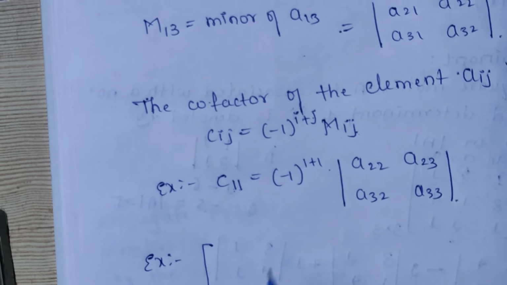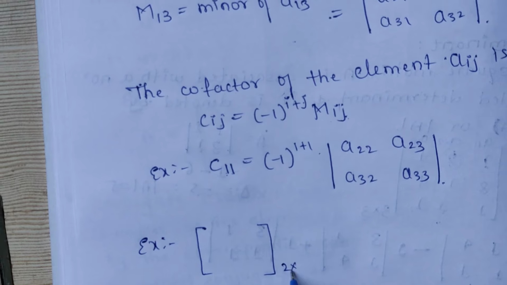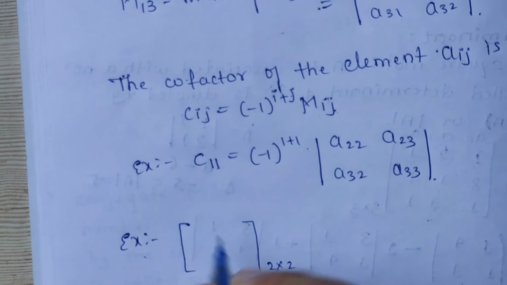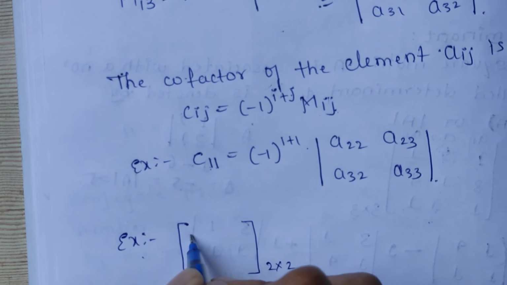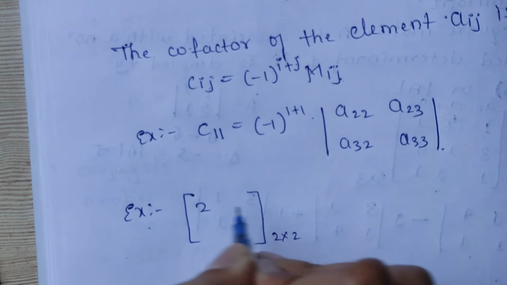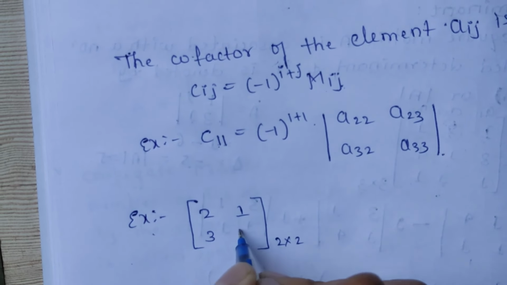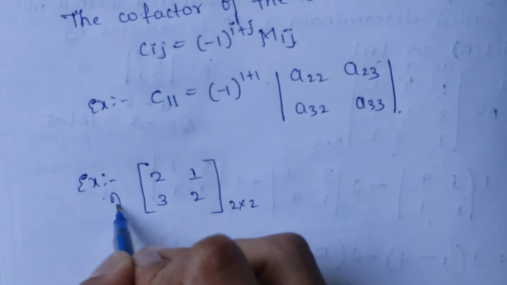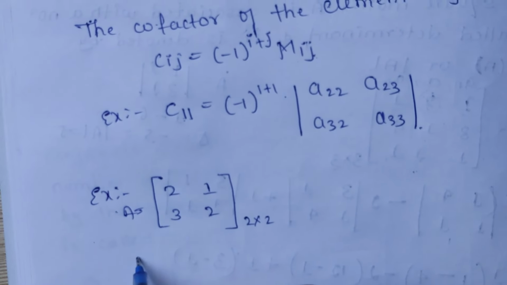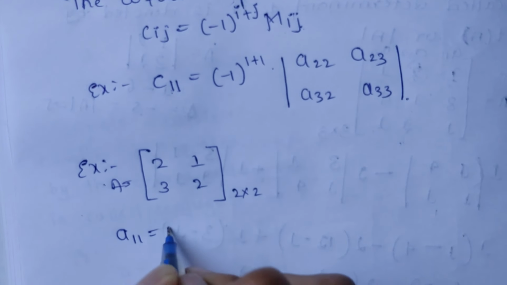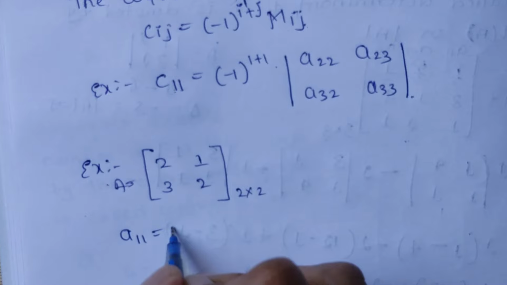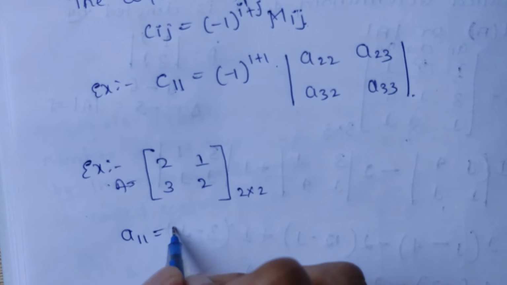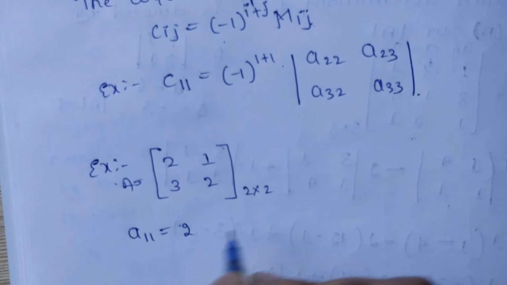Example, see, take 2 cross 2 element matrix: 2, 1, 3, 2. So in 2 cross 2 we will easily calculate the minors. So A11, what is the minor of A11? That is 2.